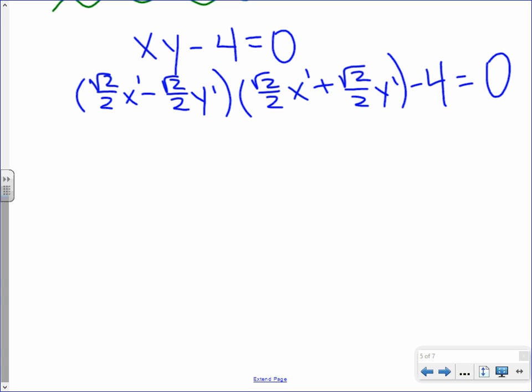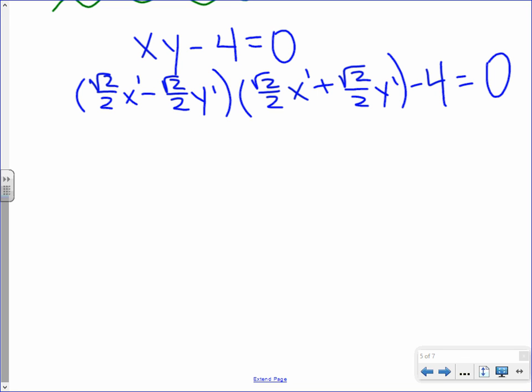This is what I noticed. I have a difference of squares. You guys are at the end of your honors pre-calculus class. You shouldn't have to FOIL this out to get the AB terms to cancel. We know it's a difference of squares, so it's going to be a squared minus b squared. So, what would a squared be?